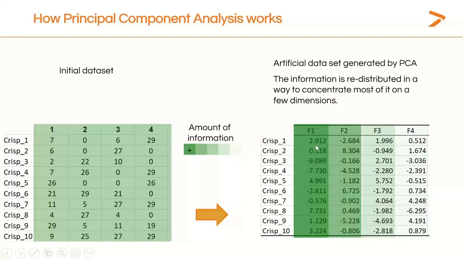So now if I draw a scatter plot out of F1 and F2, I will have a vision of a big amount of information from the initial data set, and I will be able to have a nice interpretation of the interrelationships in preference. If you want to go deeper into PCA, I would suggest watching the webinar on clustering and exploring data available on our website.